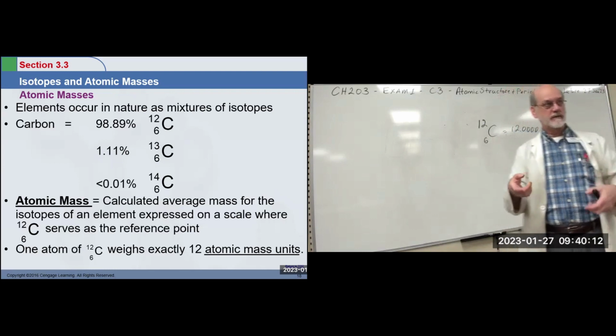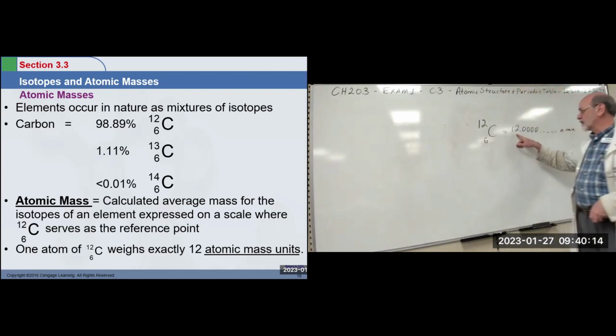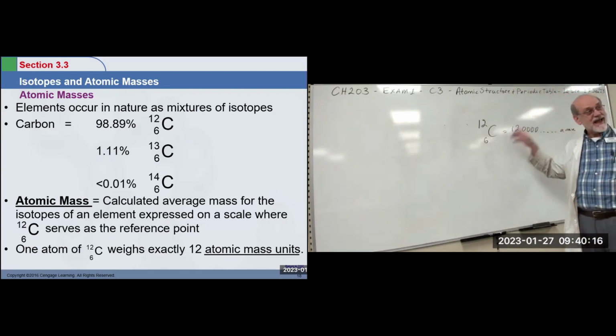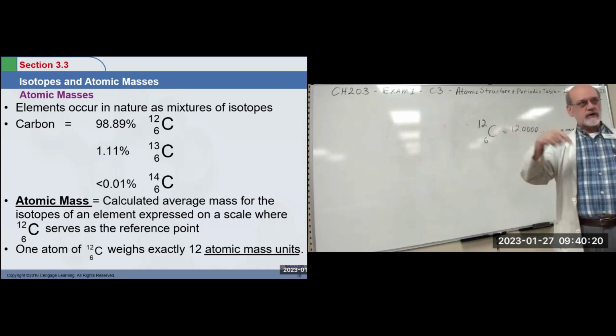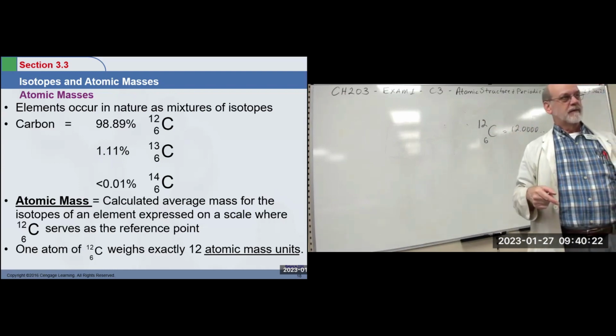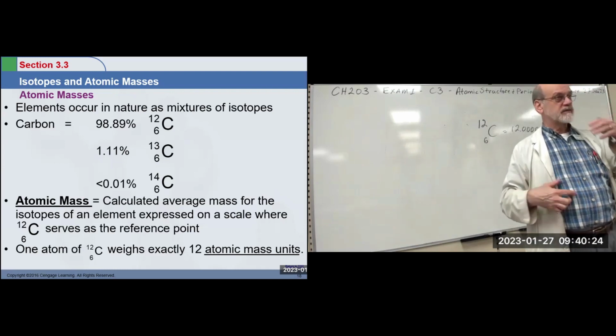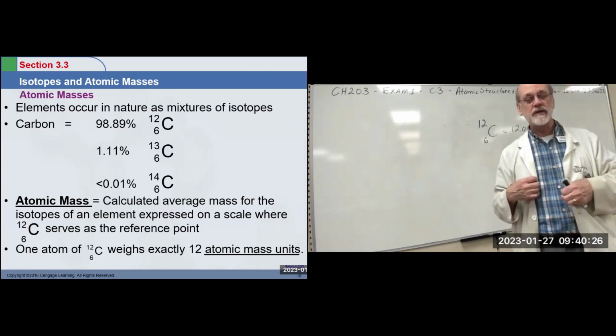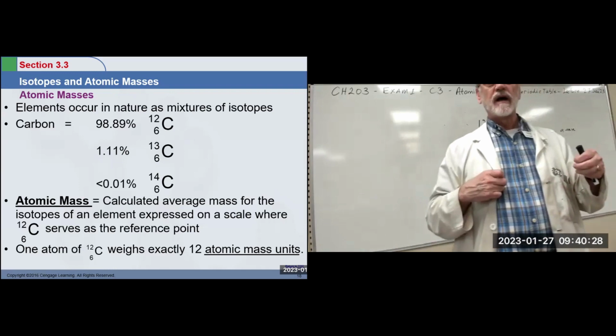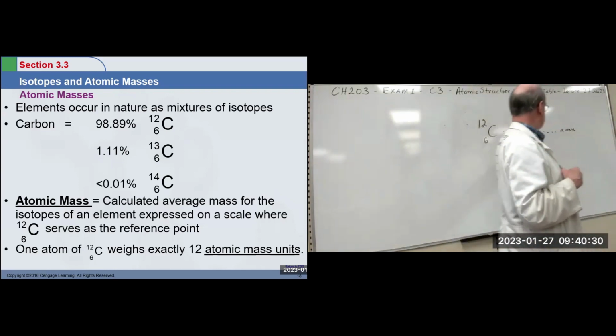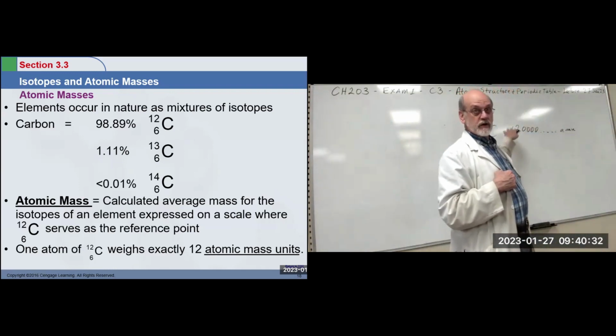Carbon 12 is our reference point. It's accepted as exactly 12 atomic mass units. Everything else is ratioed to that one. So all the other isotopes will have fractional values. They'll be ratioed to this.